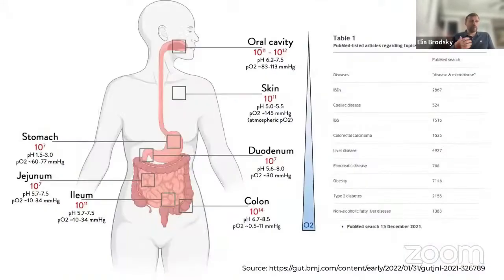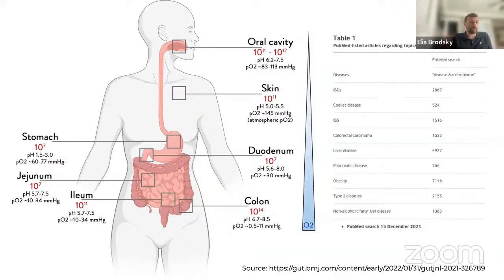Now, in different parts of the body, there are different numbers of bacterial species. And in many cases, you will find an association between the environment that they live in and the community that they form. For example, acidity levels, access to oxygen, and things like that are important factors that determine how this community evolves.